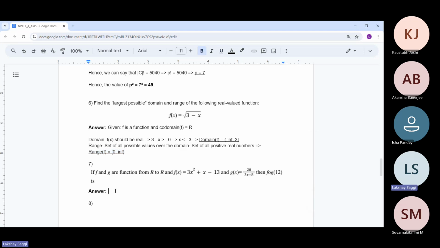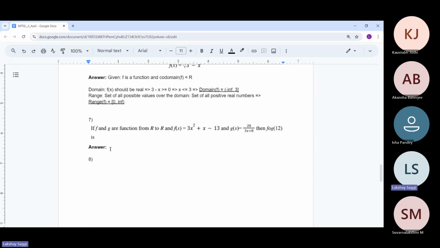Okay, then maybe we can move on to the seventh question. The seventh question says that if f and g are functions from R to R and f of x is equal to 3x squared plus x minus 13 and g of x is equal to 20 upon 3x plus 8, then what's the value of FOG of 12?